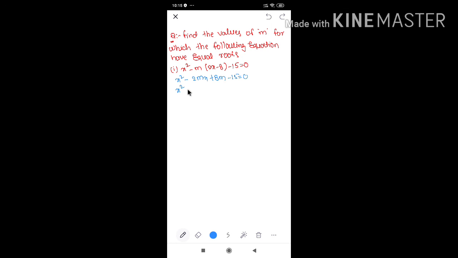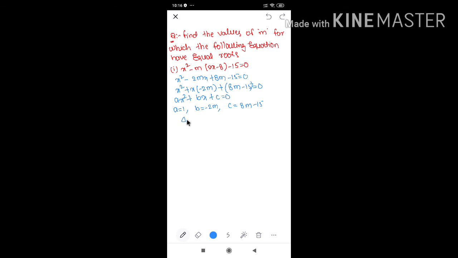I am writing in order wise, plus x times of minus 2m plus 8m minus 15 is equal to 0. So I am comparing with our standard formula of the quadratic equation, ax square plus bx plus c is equal to 0. Coefficient of x square is 1, so a is equal to 1. Coefficient of x is b, coefficient of x is minus 2m, so b is equal to minus 2m. Remaining value is constant, 8m minus 15.